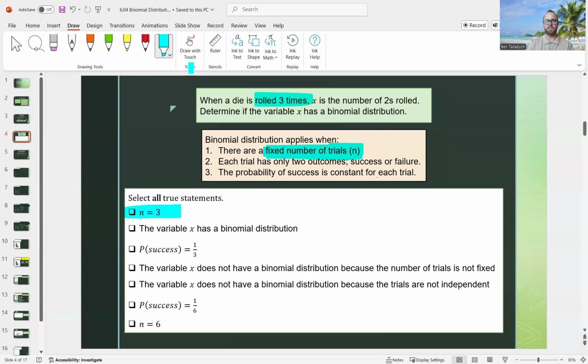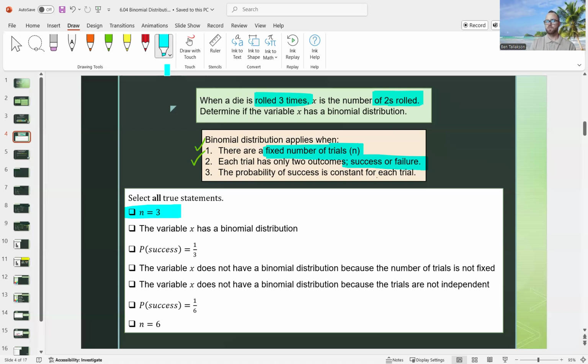What else? X is the number of 2s rolled. They're looking for 2s, right? So we're rolling a die. We want 2s. That, again, is a situation where there is only a success or a failure. None of the options here ask that. So we know the first 2 are checked off. And we've picked the only true statement so far that we can. And third, the probability of success is constant for each trial.